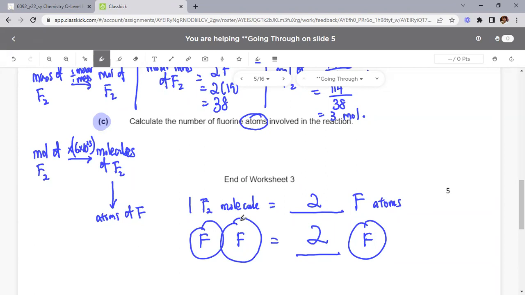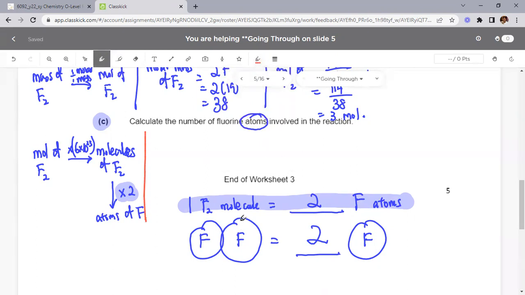Hence, the next step from molecule to atom, I need to multiply by 2. So this part I have shaded in blue requires you to think a little bit like this. Ask yourself, one F2 molecule consists of how many of that particular atom? So there are 2 steps that I need to take for this particular question.